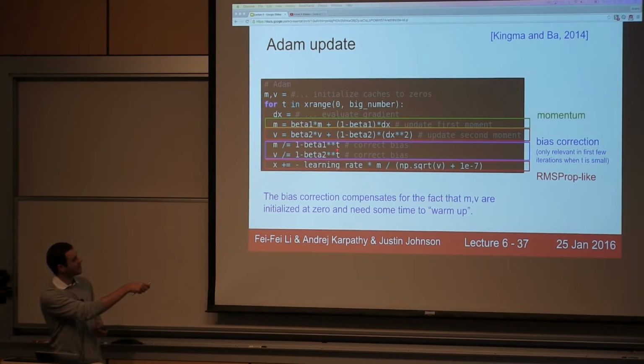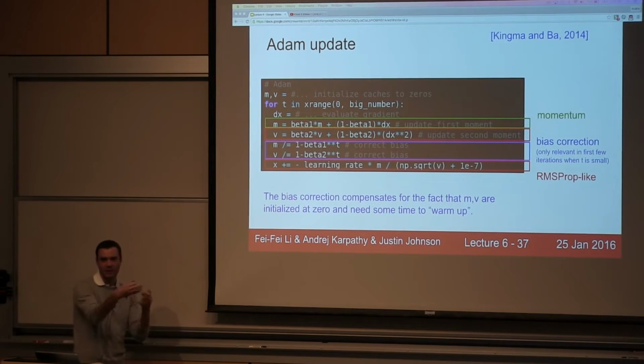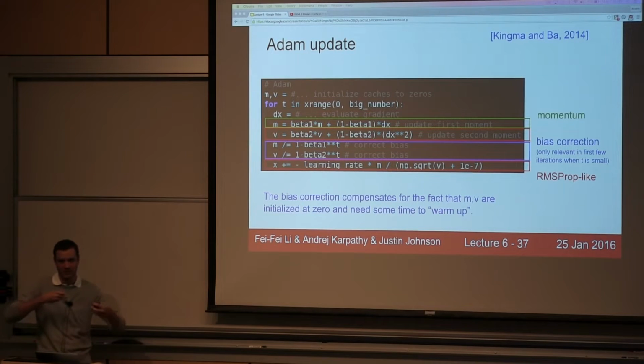It's kind of a minor point, and I don't want anyone to be confused about this too much. But basically, it's compensating for the fact that m and v are initialized at 0. So your statistics are kind of incorrect in the beginning. What it's doing is scaling up your m and v at the first few iterations, so you don't end up with a very biased estimate of the first and the second moment. So don't worry about that too much.